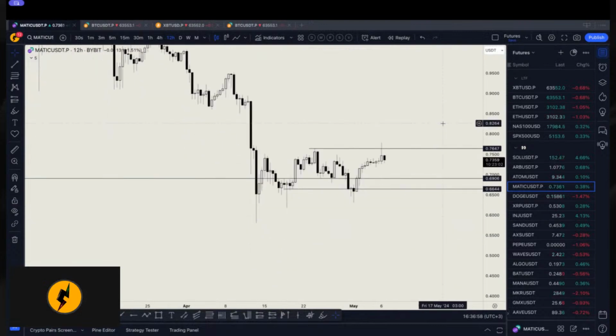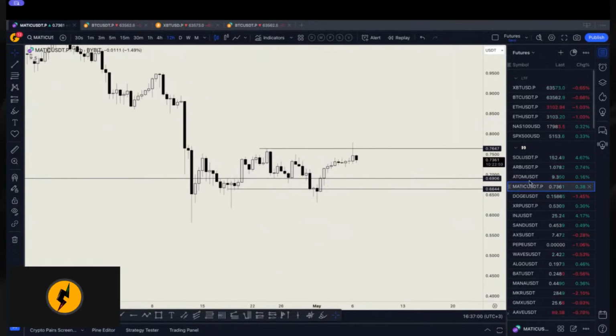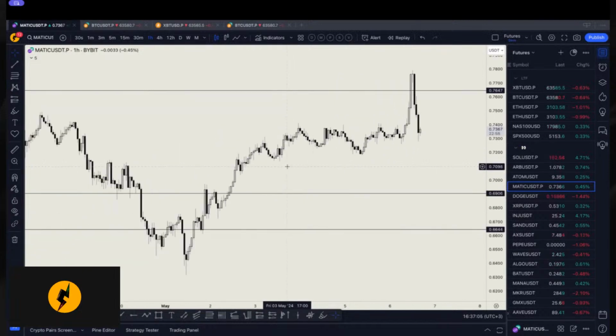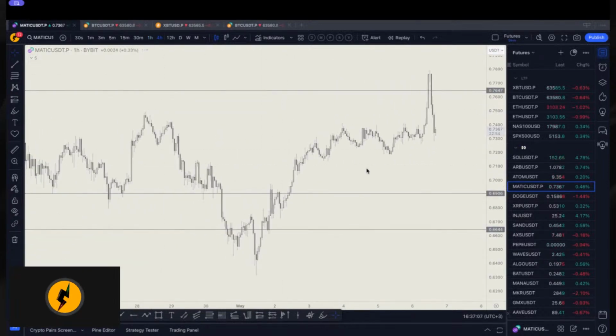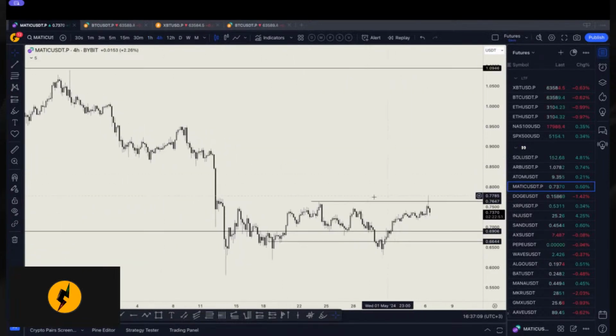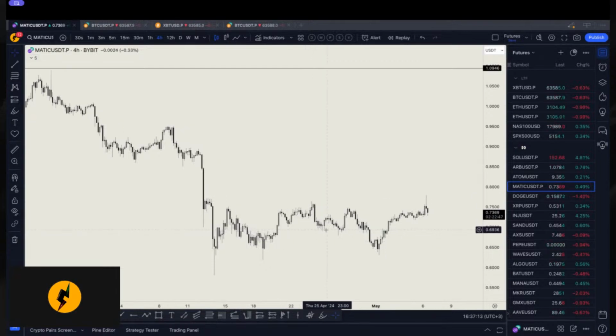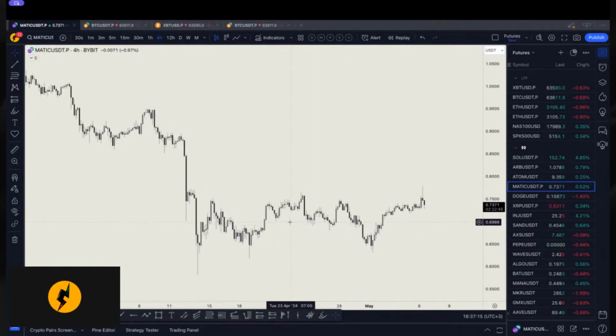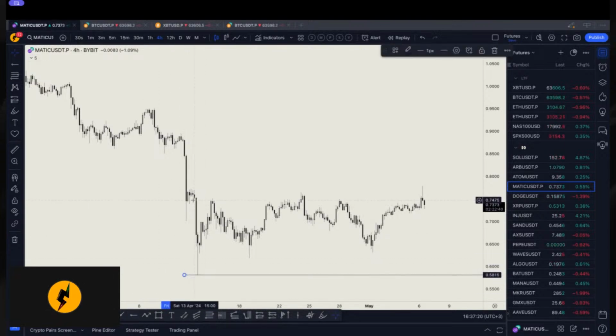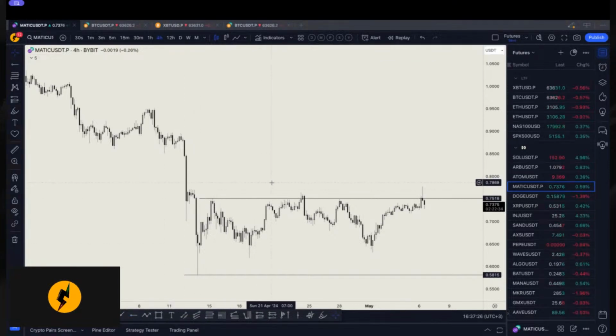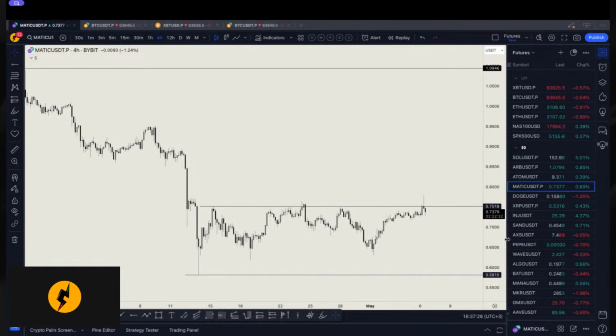Yeah, this MATIC trade was also an interesting one. 4 hour, okay. I can probably remove these levels. So the range low, and this is the first high after the range low, so this is going to be my range high, right?